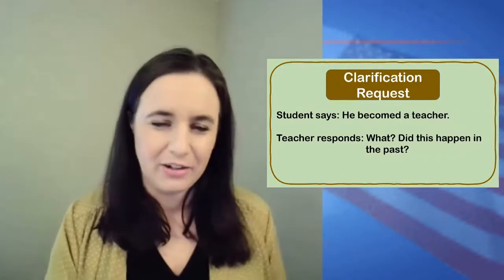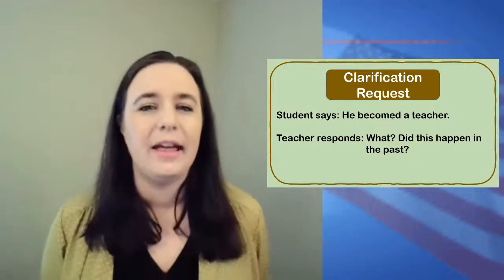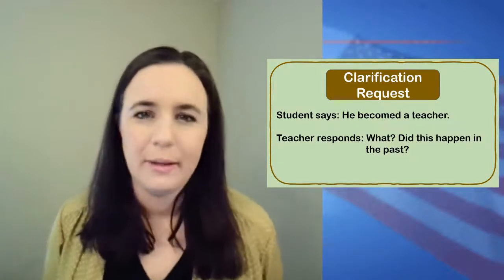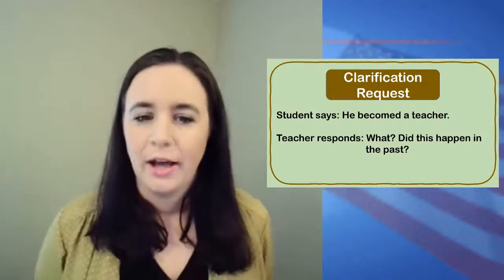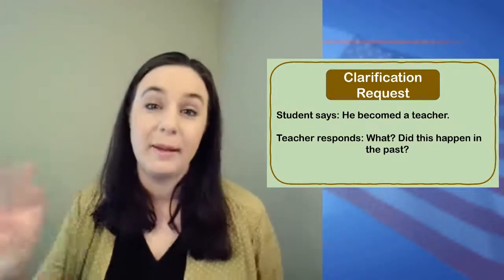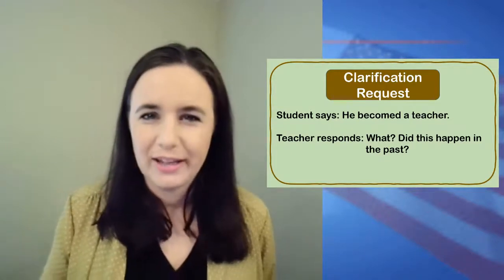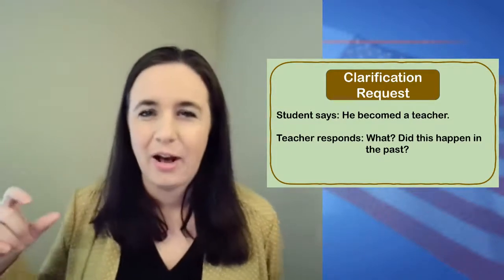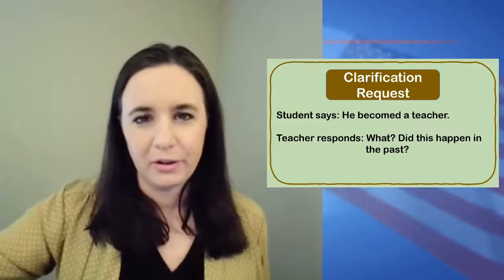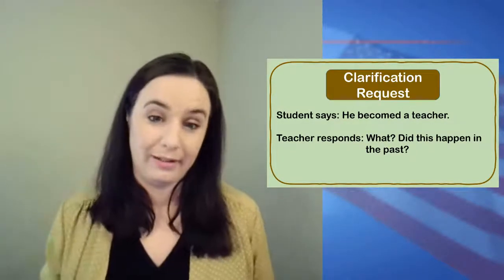The next strategy is called a clarification request. And this is another implicit strategy, but you'll notice this one's a bit different. So I'm going to use the same 3 examples for all of the strategies. So you can kind of get an idea how if the student makes this error, you could respond to it in different ways.